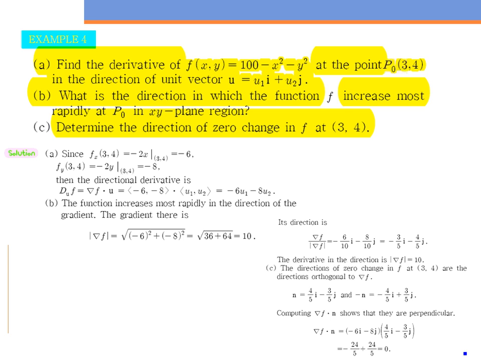So we find a different sign, which is 4 over 5, and the same value with the opposite sign, minus 3 over 5, in the opposite directions. So when we find the inner product, it can be cancelled out.